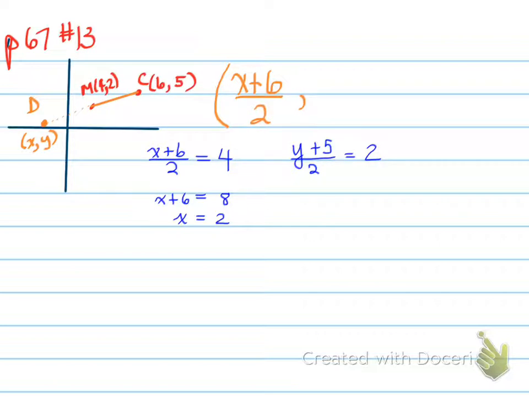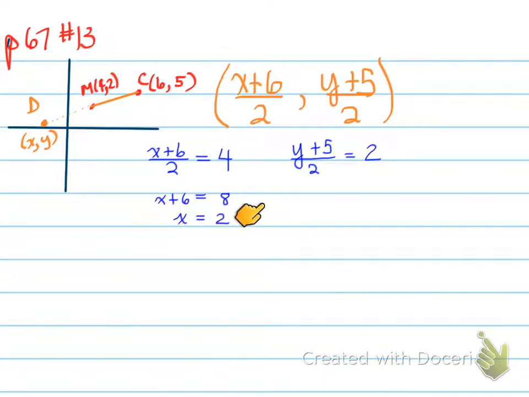okay. Now don't forget, where am I getting these coordinates from? Remember, this is the midpoint formula: add the x's, divide by 2, add the y's, divide by 2. So I took the x's, and I know that value has to equal 4. I know that my y values have to equal 2. So I set it up, multiply both sides by 2 to get rid of the fraction, and then solve.